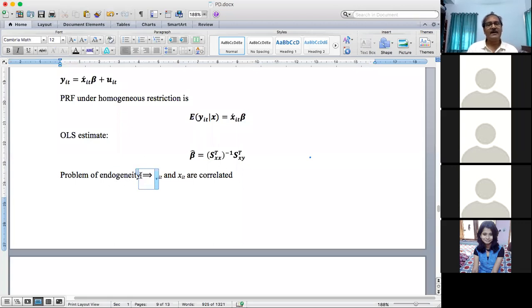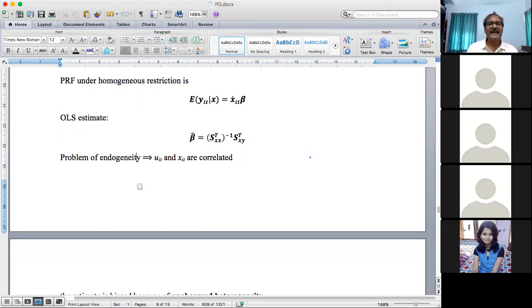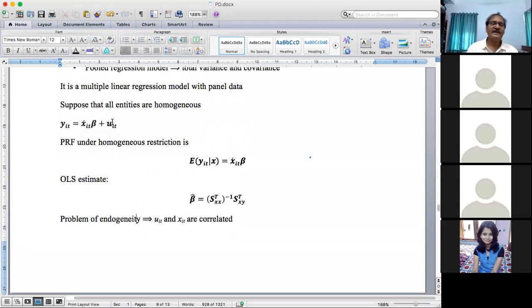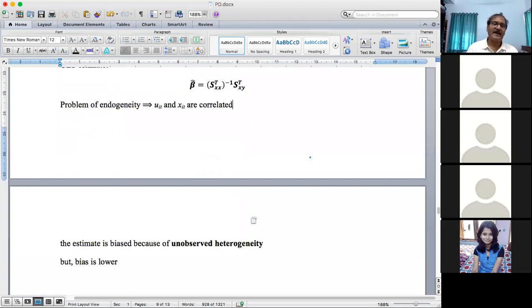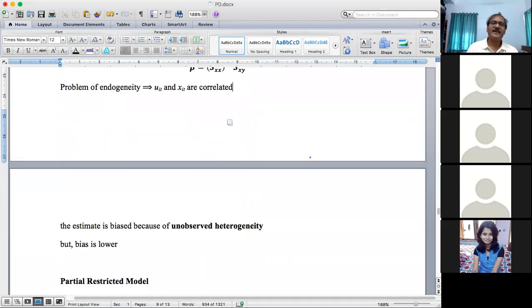I have mentioned it several times earlier. The problem of endogeneity appears when the random error term U is correlated with the regressors. So if the endogeneity problem appears in your model, the OLS estimate beta hat will not be unbiased. In that case, the beta hat will be biased.